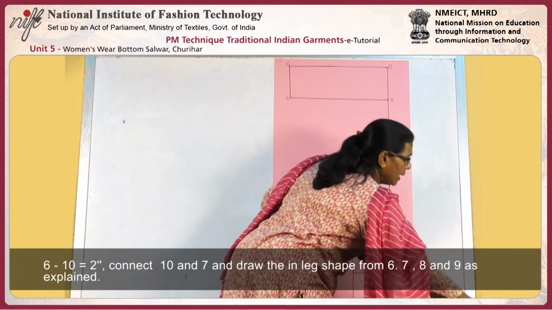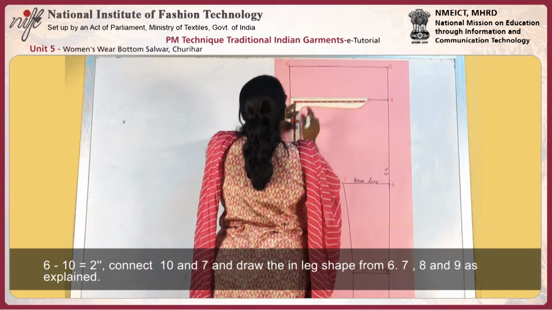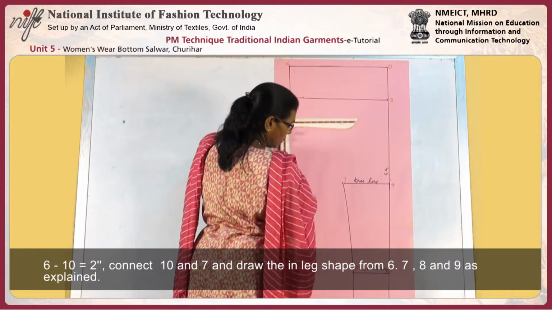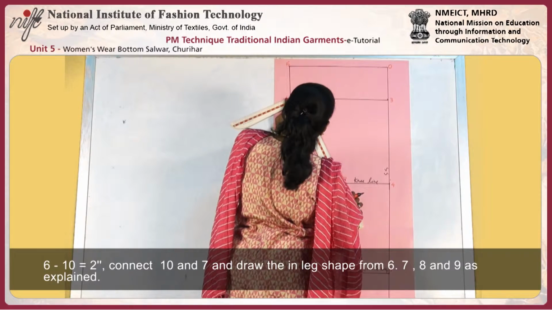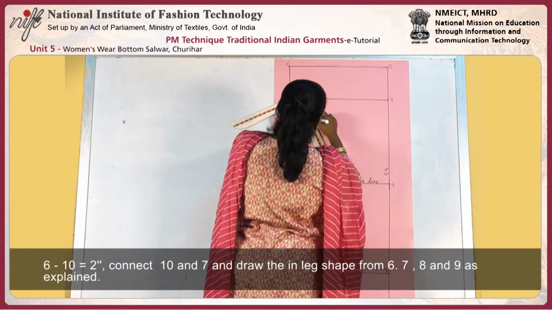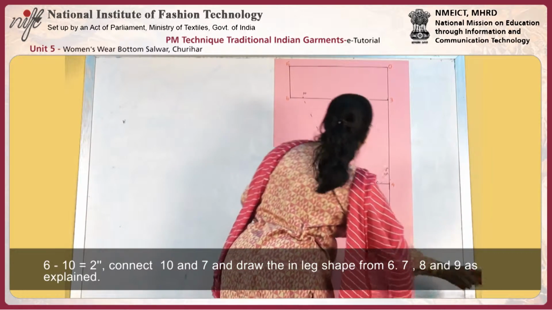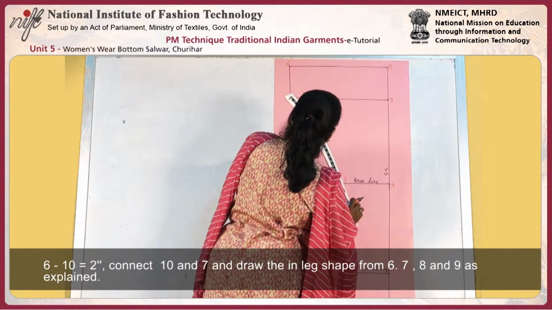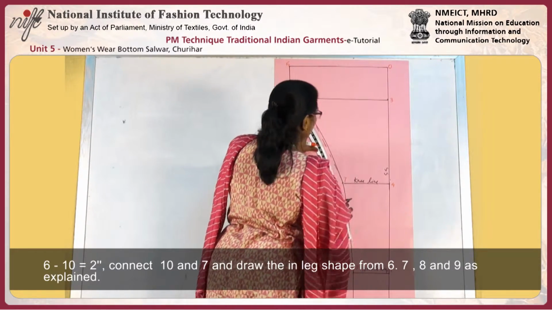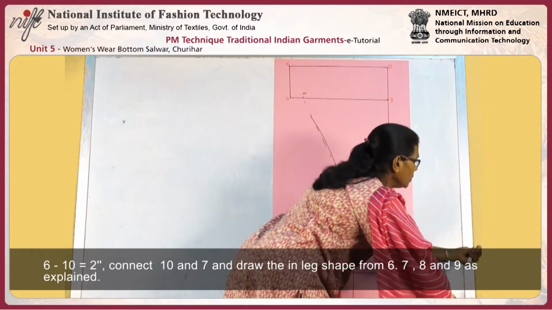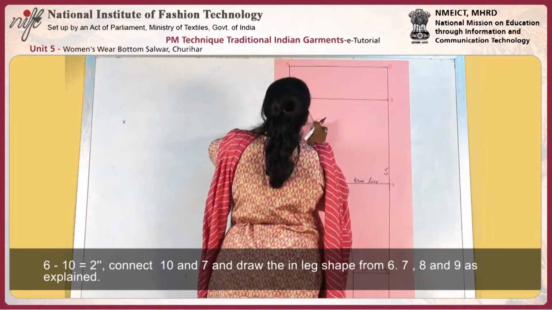Next external line, mark 2 inch inside as 10, an external line from here, and draw a curve from here to there, and use French curve to draw this curve line.